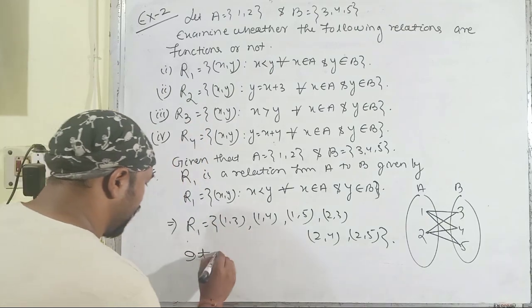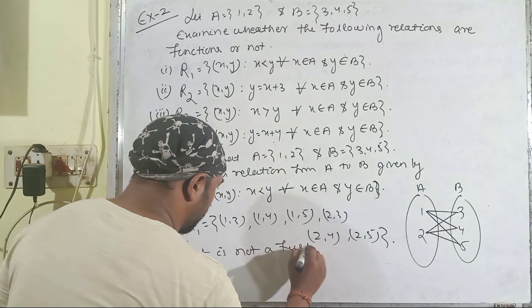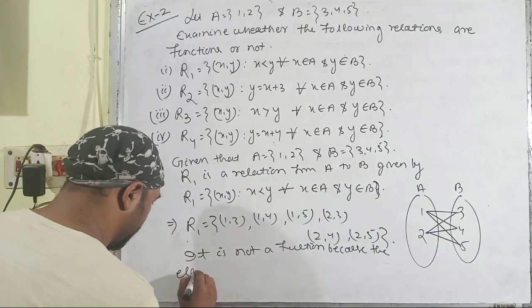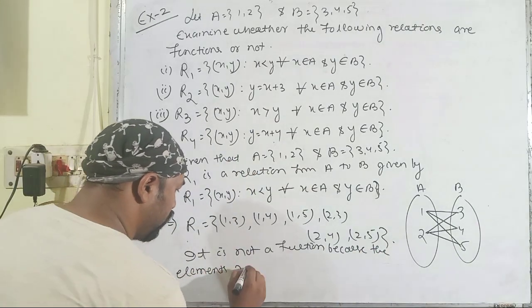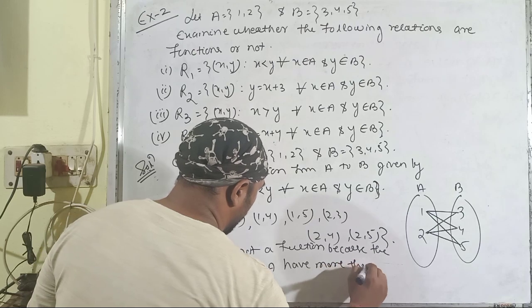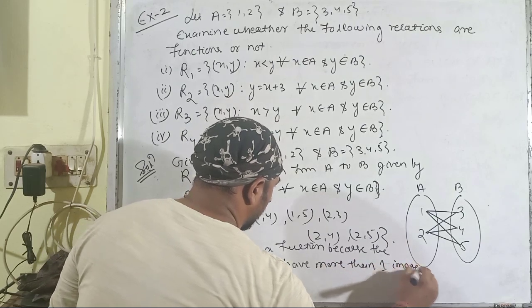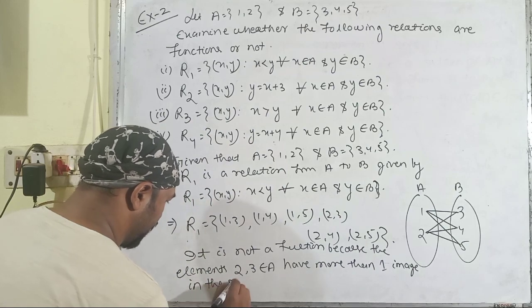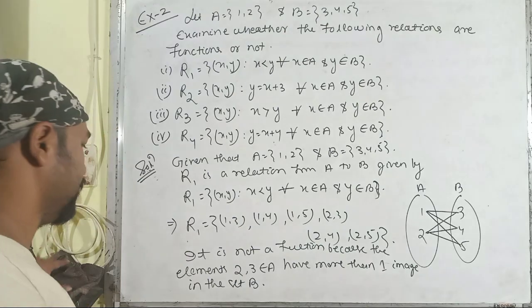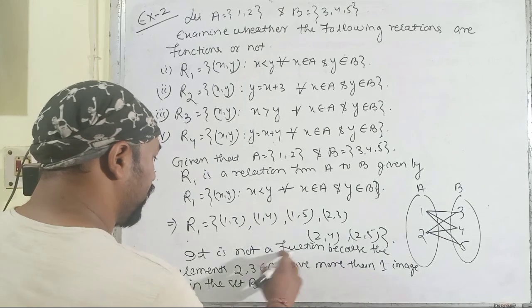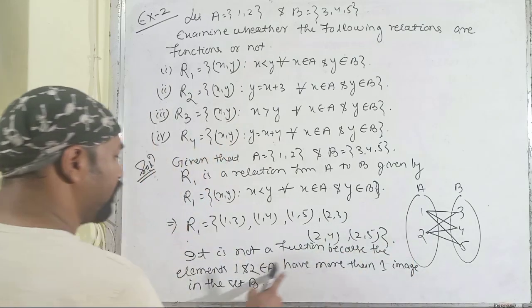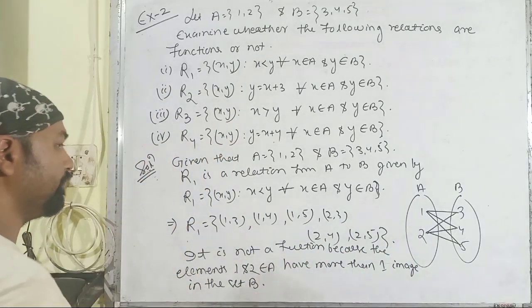So it is not a function, because the elements 1 and 2 belong to A and have more than one image in the set B.